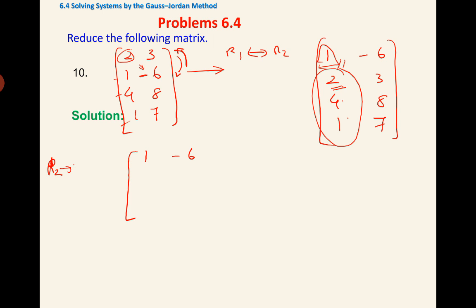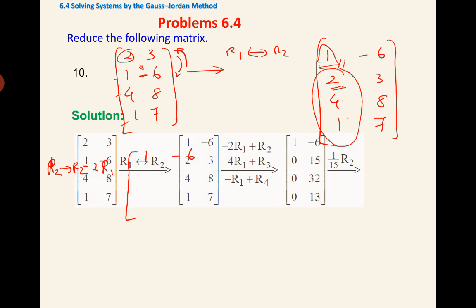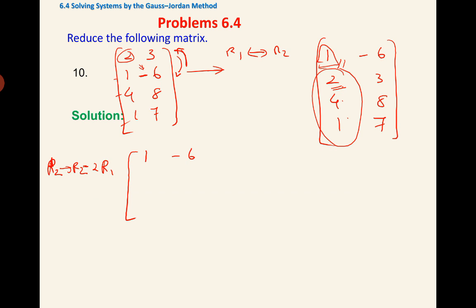So start from row 2 and use row 1 where the leading element is. So R2 minus 2 times R1. You can check 2 minus 2 is 0.